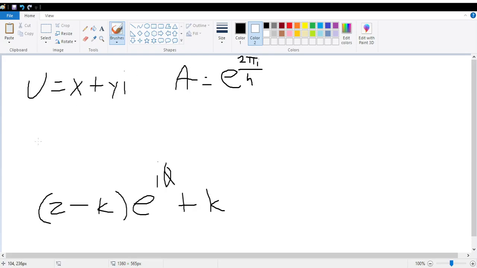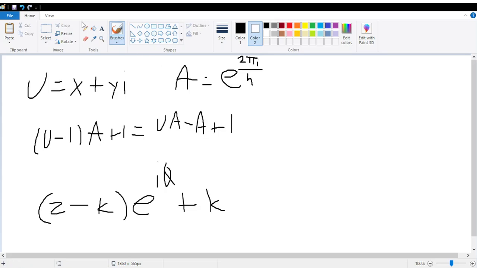Now, we're going to apply the transformation R sub 1, which is about the point (1, 0). So we just subtract 1, and then multiply by a, and then you add back 1, which should equal u times a minus a plus 1. So there's nothing special about that.